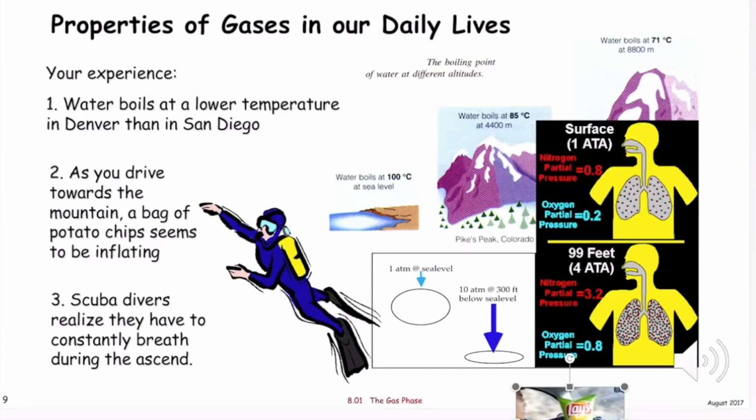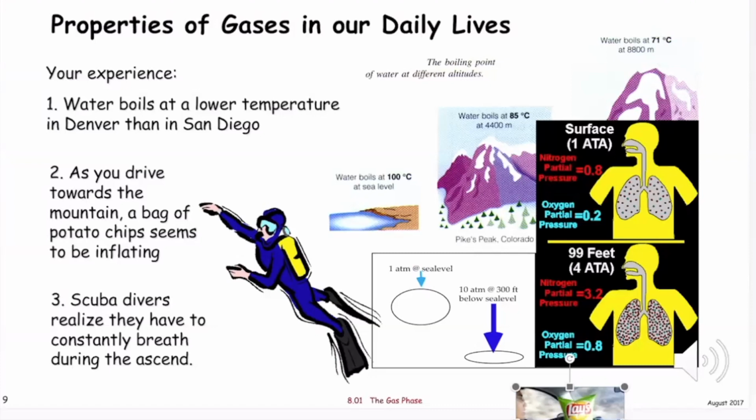What happens to your lungs if you hold your breath? The pressure in your lungs is still going to have the same pressure as at the 200 feet level. When you get to 100 feet, now what does the pressure in your lungs want to do? It wants to be equal to the pressure outside. In order for that to happen, it has to expand. That means that your lungs have to expand in volume.